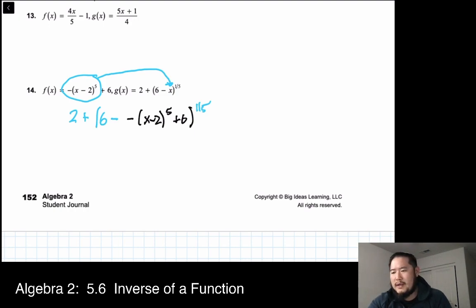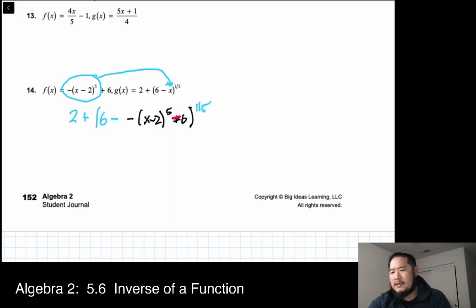Because this negative already initially exists within the problem, the 6 minus, we're going to have to change the signs, and this now becomes a minus 6.